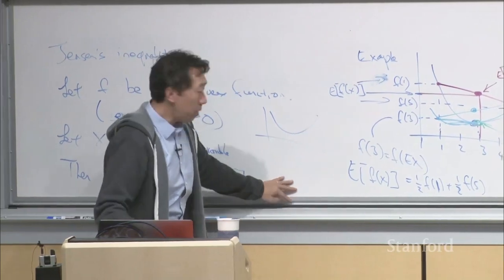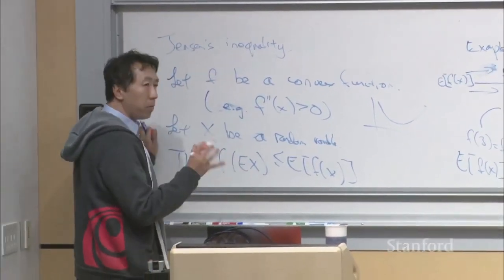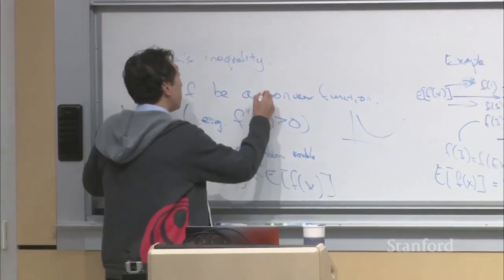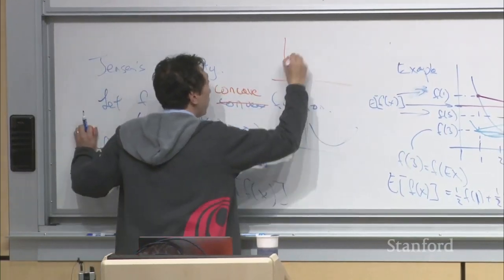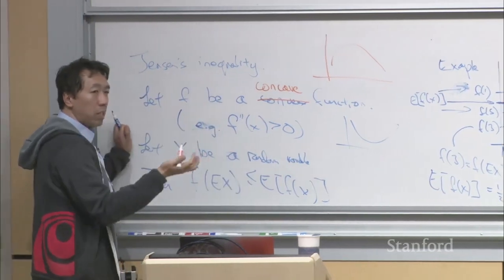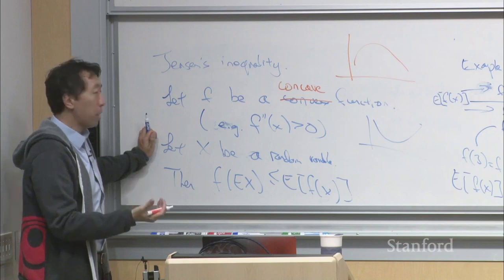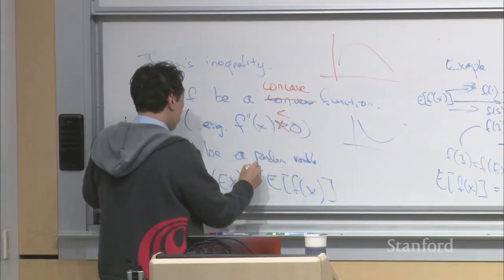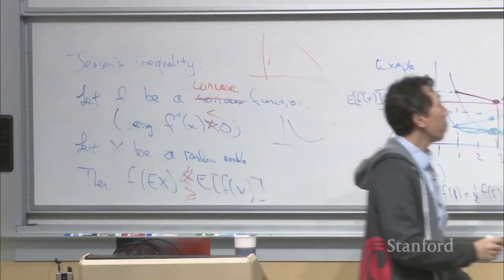Now, just one more addendum to this is that the form of Jensen's inequality we're going to use is actually a form for a concave function. So instead of convex, I'm going to say concave. A concave function is just the negative of a convex function. If you take a convex function and take the negative of that, it becomes concave. And so the whole thing works with everything flipped around the other way.